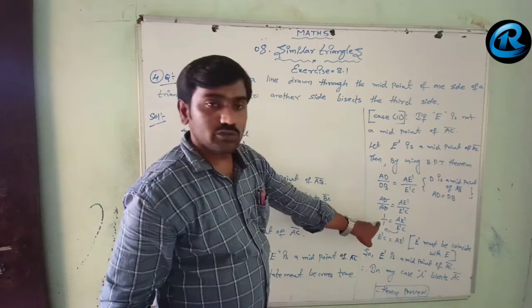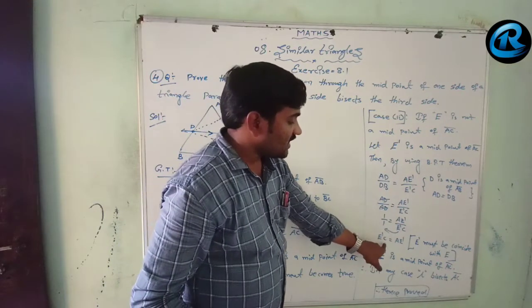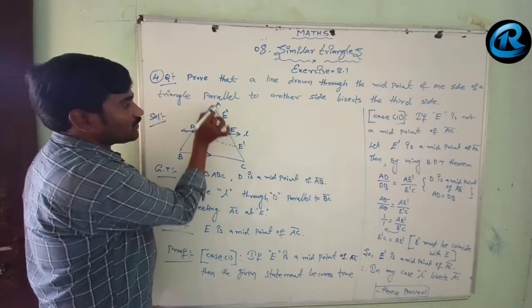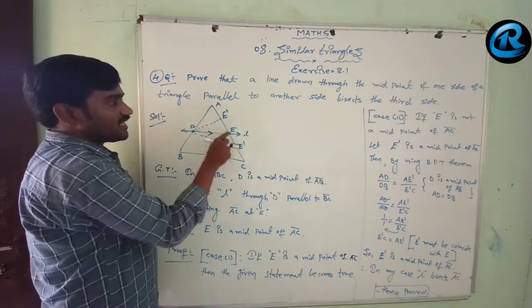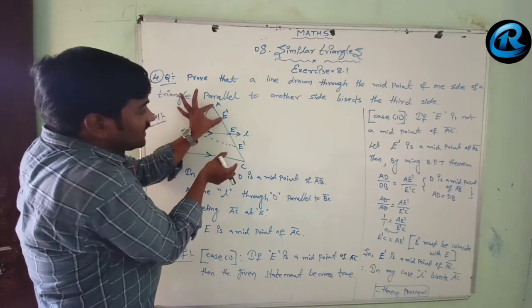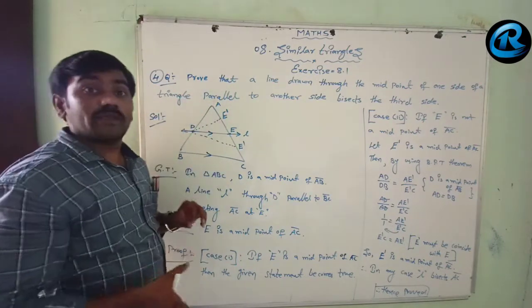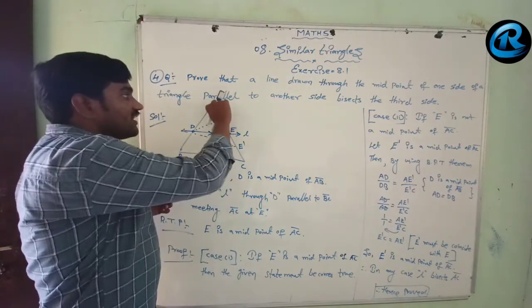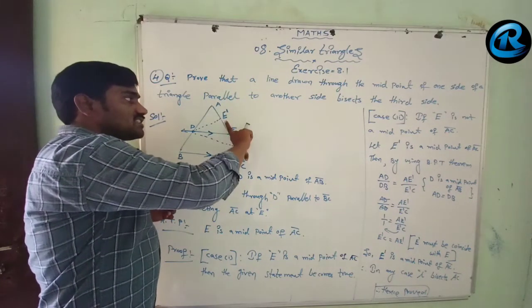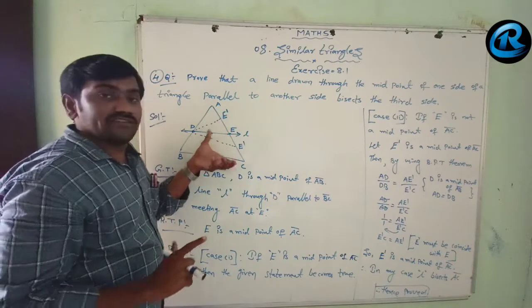This E dash C you transfer to this side. What do you get? E dash C equal to AE dash. So the length of AE dash is equal to E dash C. When does it happen?